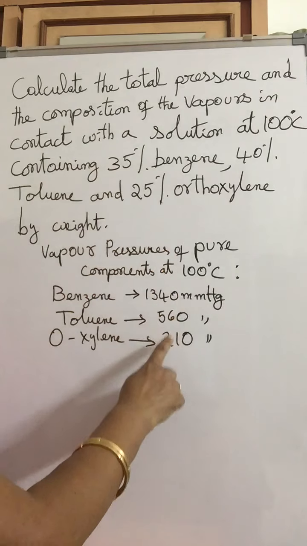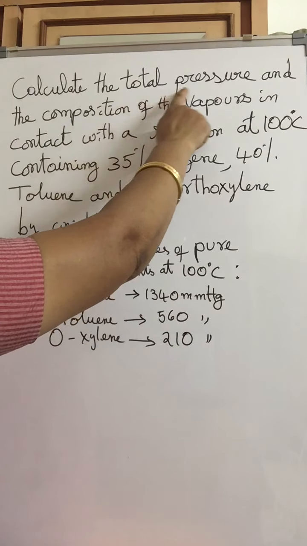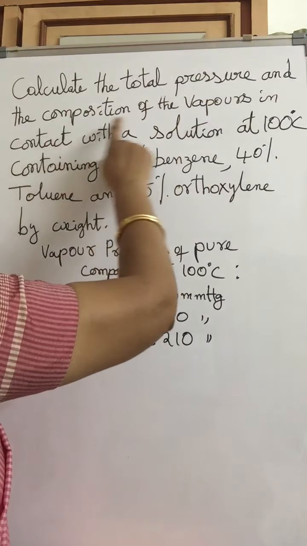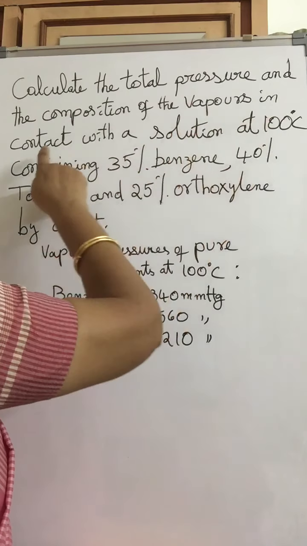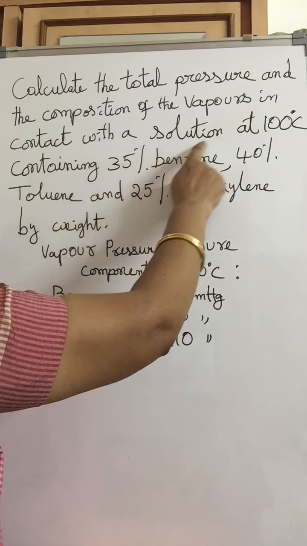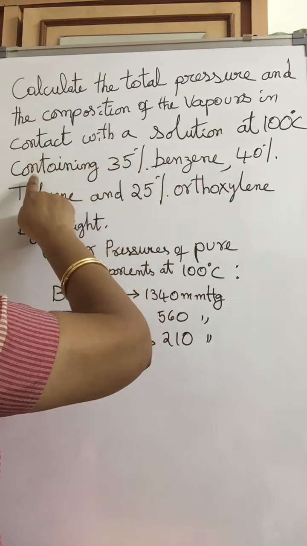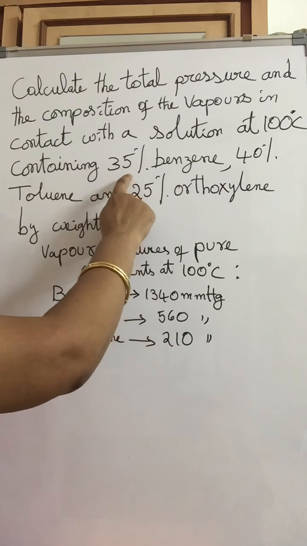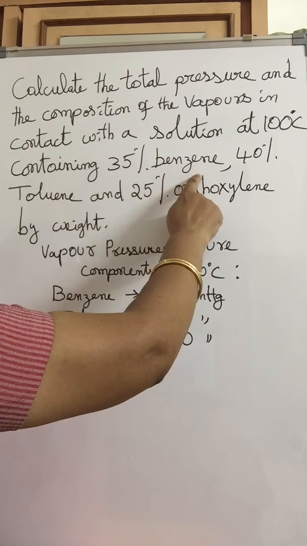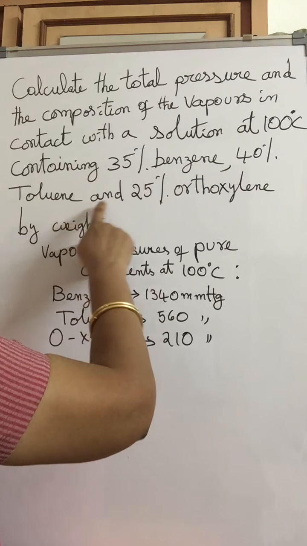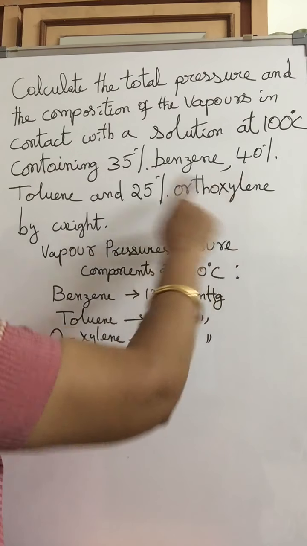The problem is written here. Calculate the total pressure and the composition of the vapors in contact with a solution at 100 degrees centigrade containing 35% benzene, 40% toluene and 25% orthoxylene.